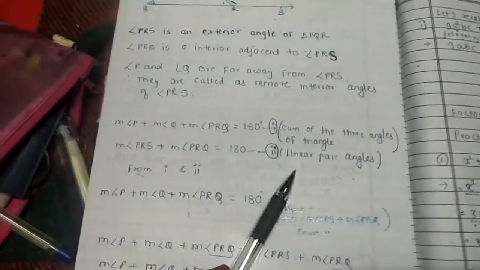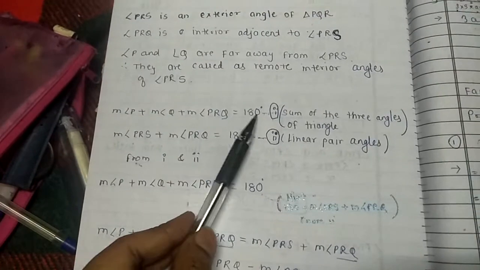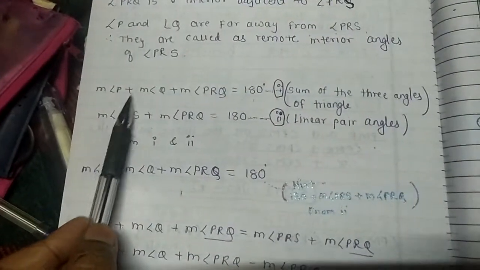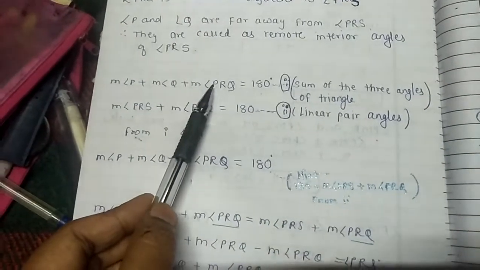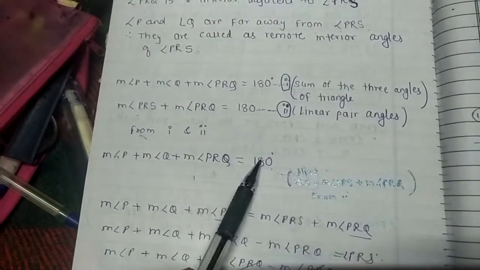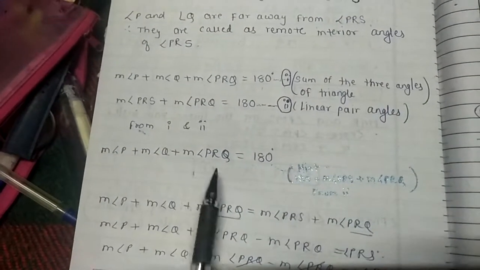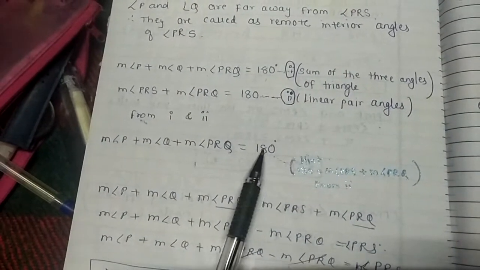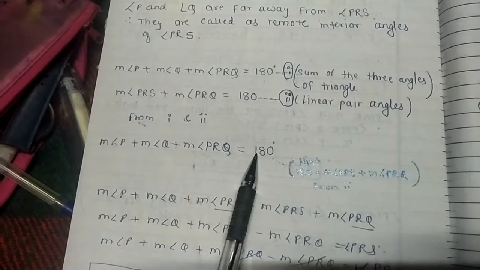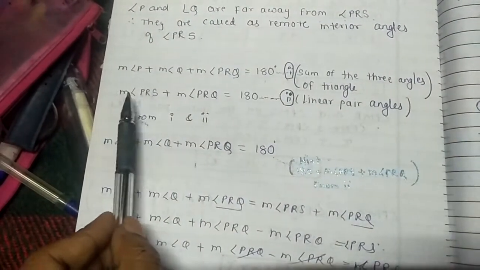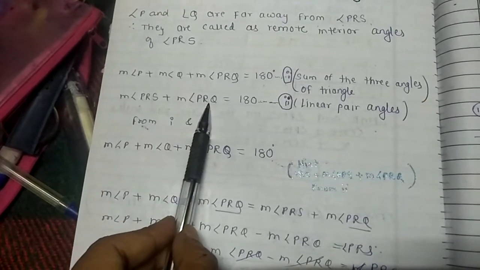After that, from equation 1 and 2: equation 1 is angle P plus angle Q plus angle PRQ is equal to 180. But this 180 is equal to, as we say in equation number 2, the measure of angle PRS plus the measure of angle PRQ.